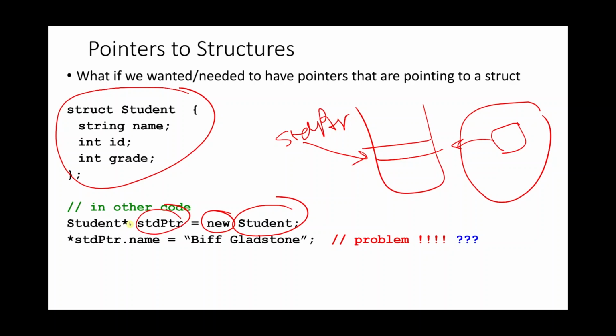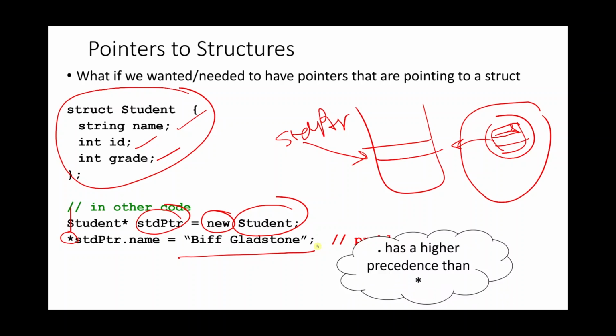And we are going to store that in stdptr. This one. So now, this is going to be like 3 things, the name, the ID, and the grade. What if I want to put a name in here, like Biff? So I would do asterisk, dereferencing the pointer to access the variable, right? Dereferencing the pointer, dot name, Biff Gladstone. But this is not going to work. Why?